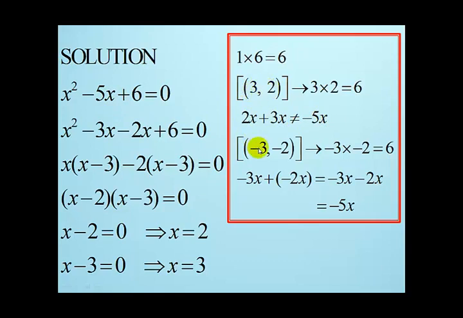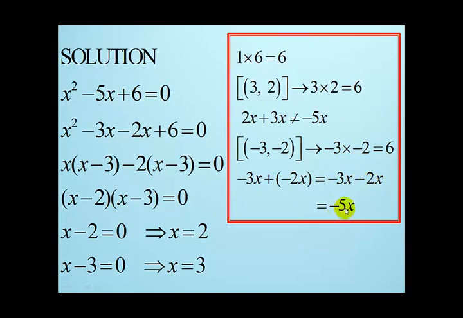So now let's take two different numbers, minus 3 and minus 2. We first multiply. Minus 3 times minus 2 is equal to 6, which is equal to the 6 we had. Now let's add and see. Minus 3x plus minus 2x is equal to minus 3x minus 2x, and the answer is minus 5x.